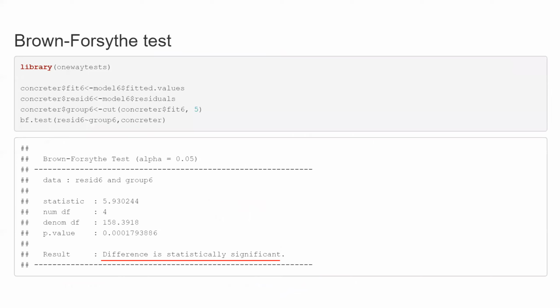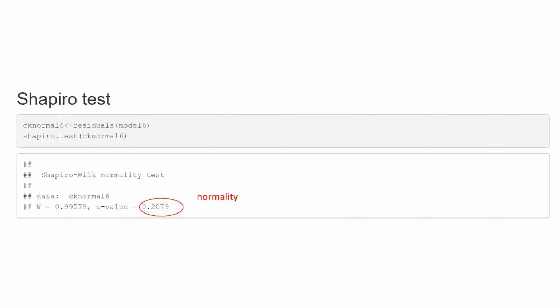And the BF test still shows that there might exist a non-constant variance problem, but we can perform some remedy method on this model. The Shapiro test shows that the normality assumption is not violated.